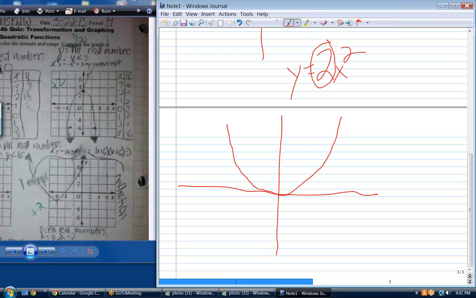Okay. Well, our goal is to compare your graph with this graph here of y equal x squared. So let's do it piece by piece. We've got two differences. Our graph is y equal negative x squared plus 3. So first of all, what is the negative in front of the x squared going to do? It's a reflection over which axis?